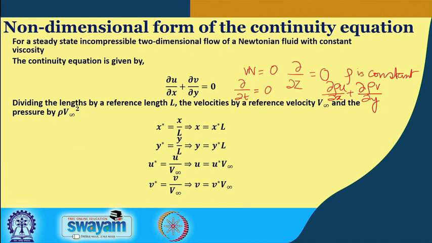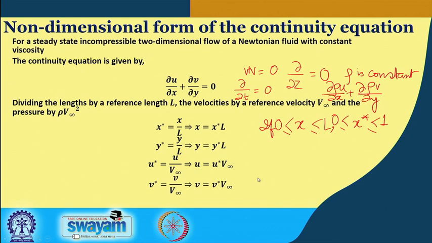So that way x star is not only non-dimensional, but it is also a normalized non-dimensional number. Okay. So if x varies between 0 and L, then x star will vary between 0 and 1. Okay. So this is normalized.